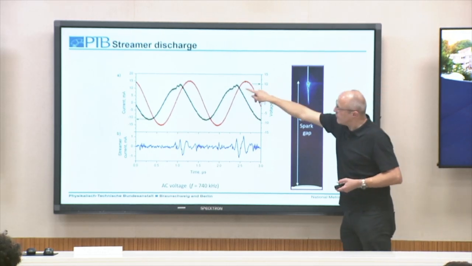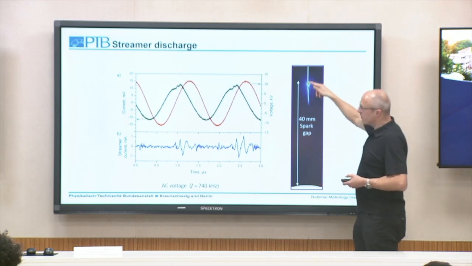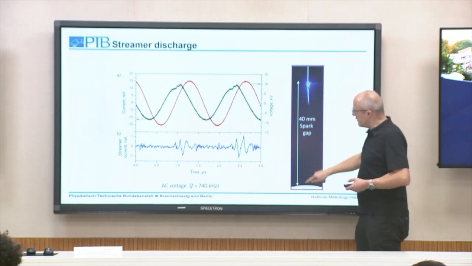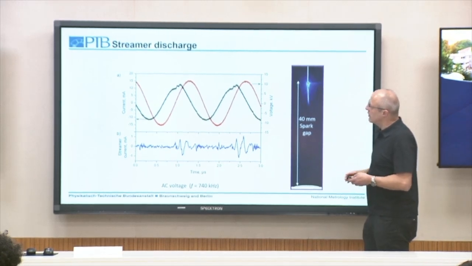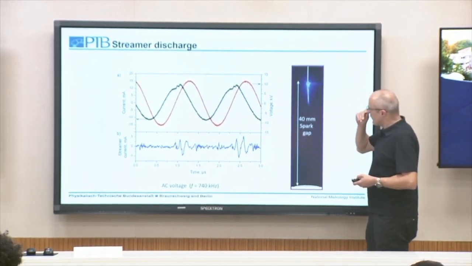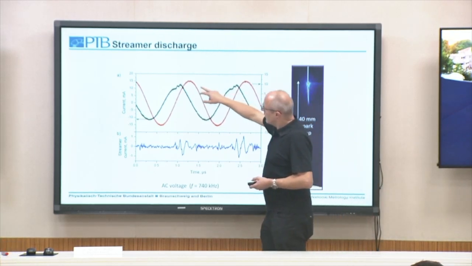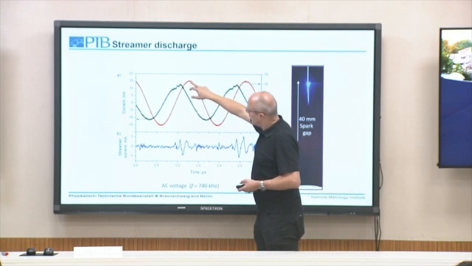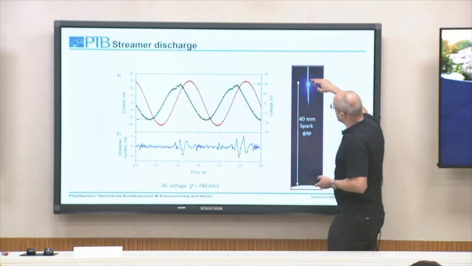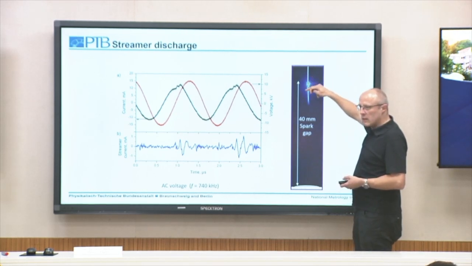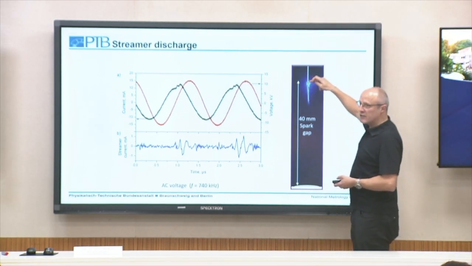So what is happening? The polarity is changing very fast. So we have a strong electrical field which changes its polarity, but when we have the maximum voltage here, something is happening. A streamer discharge occurs.